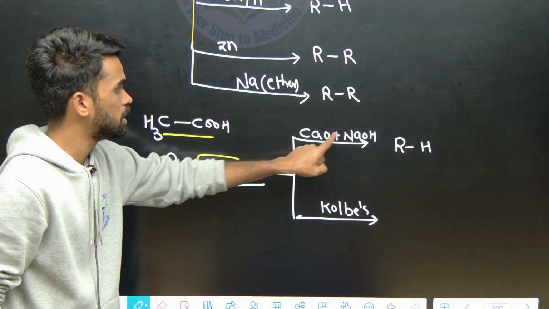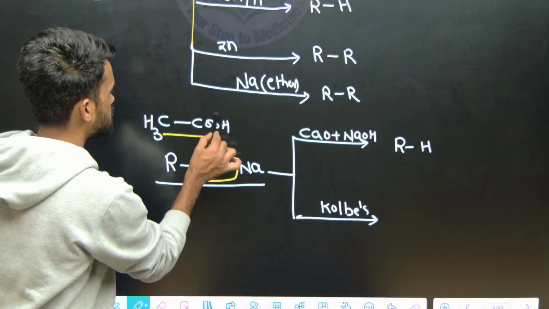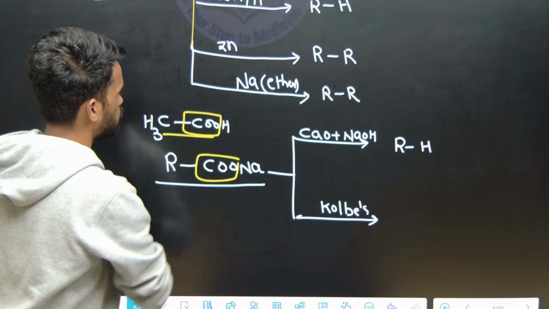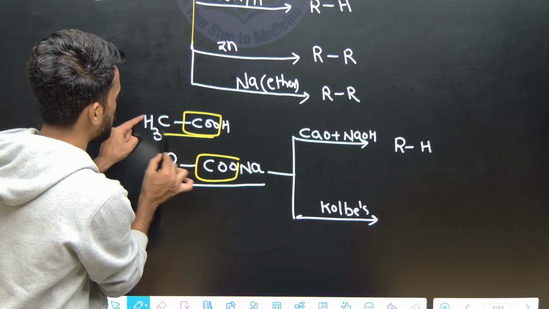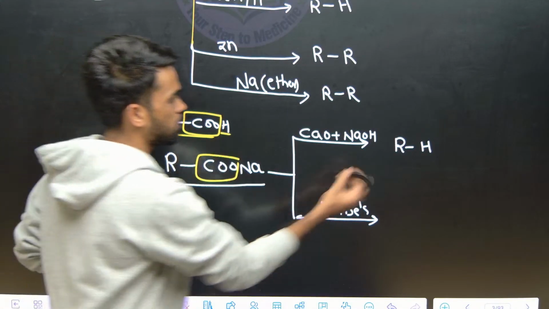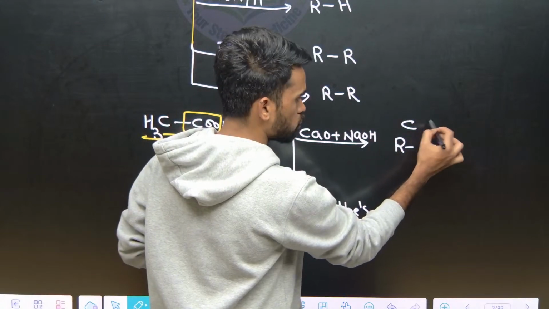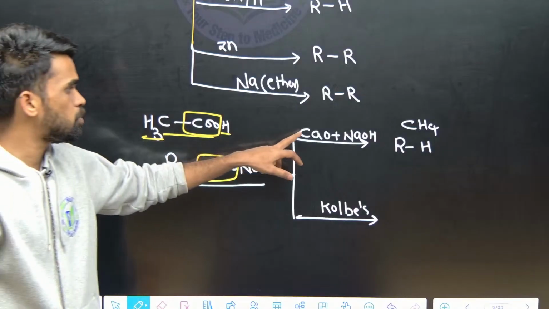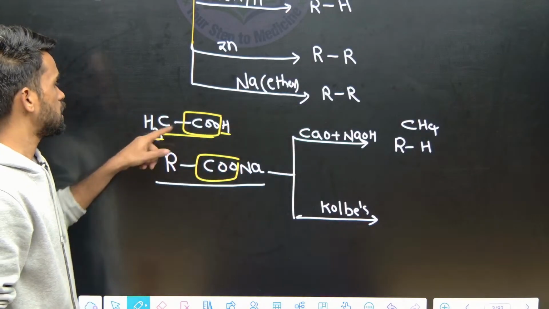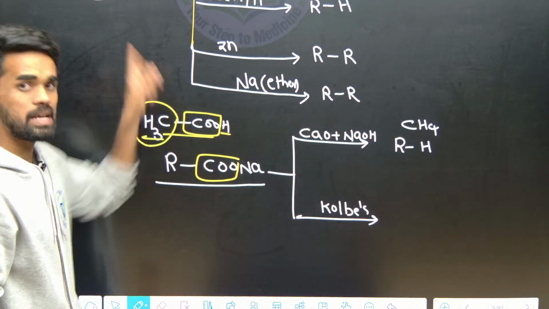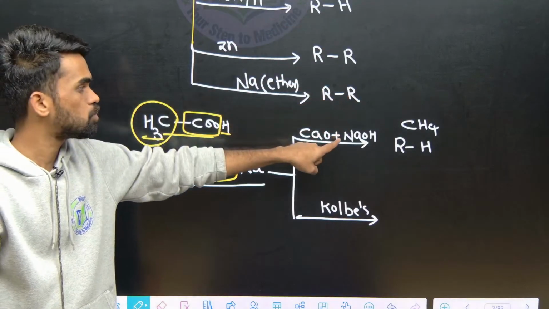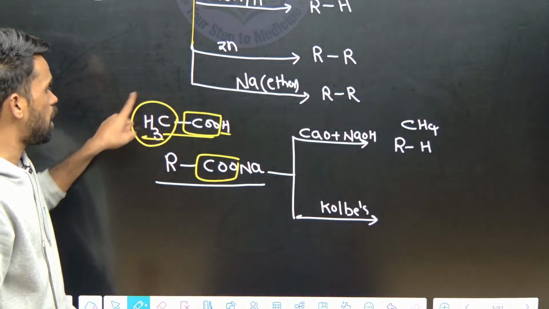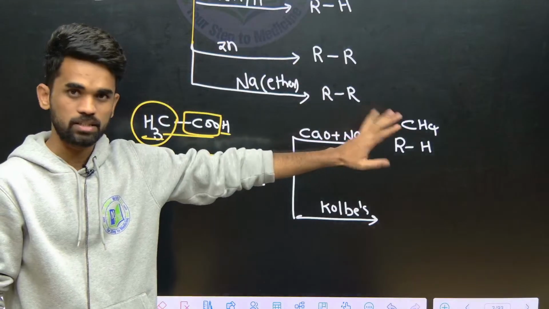Upon treating with soda lime, just remove the CO2 part, and the remaining CH3 and H gives methane. Decarboxylation gives the respective alkyl group as an alkane, that's it.